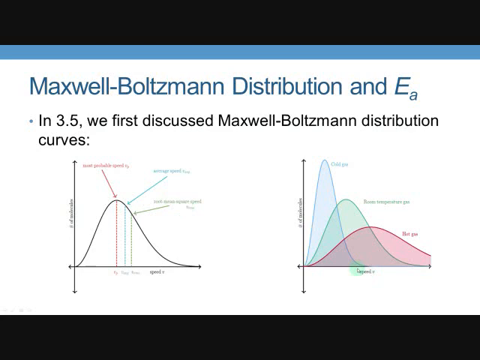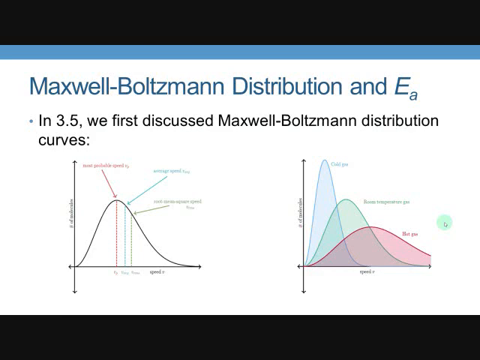And remember too that we saw in 3.5 that temperature has an effect on the speed of the molecules. When it's very cold, the speed will be lower, and when it's very warm, the speed will be higher. But the graph moves so that the number of molecules under the curve stays the same, or the area under the curve stays the same.